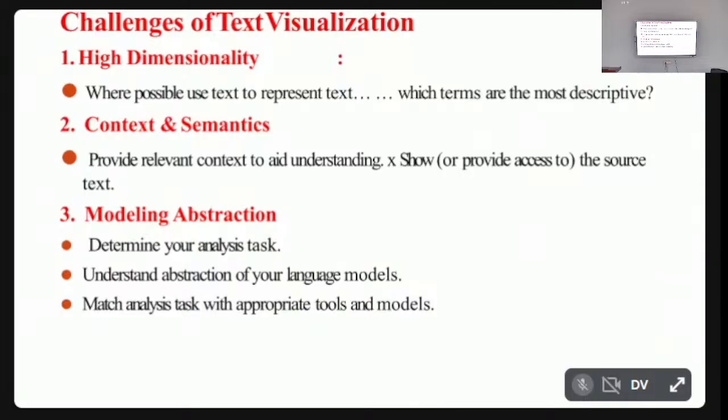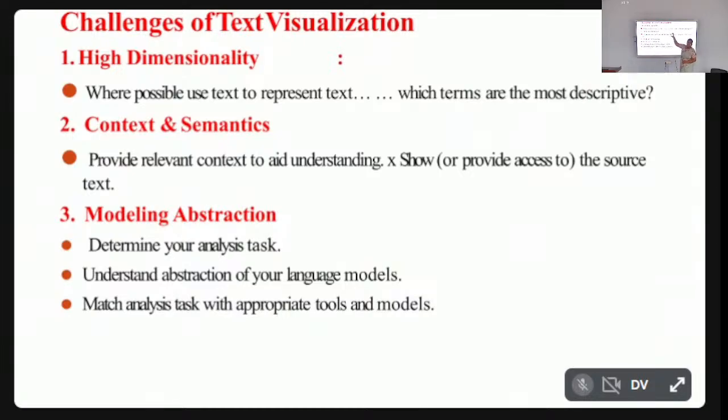What do you mean by high dimensionality? What are the challenges faced for text visualization?